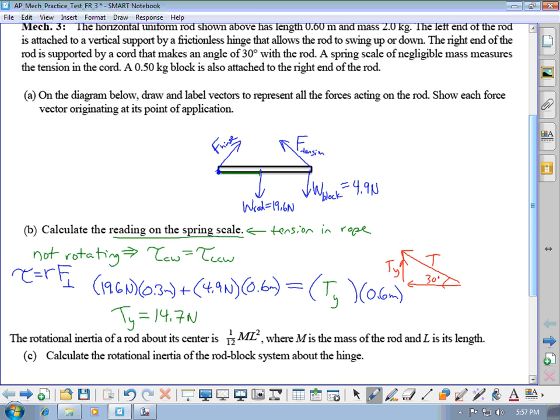Ty is opposite the 30-degree angle, so the sine of 30 degrees equals 14.7 over T. So the tension is 29.4 newtons.